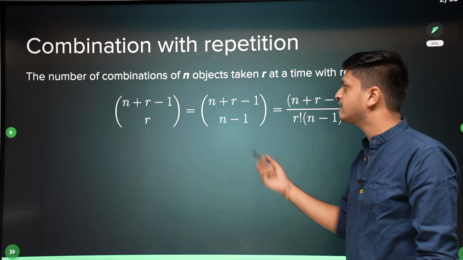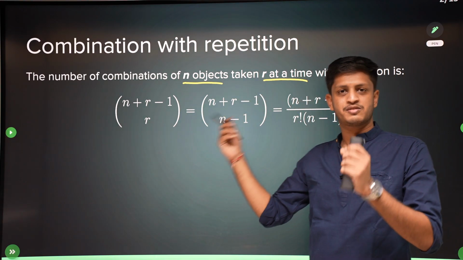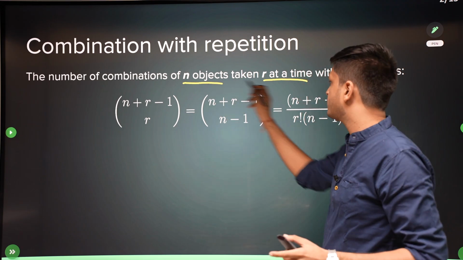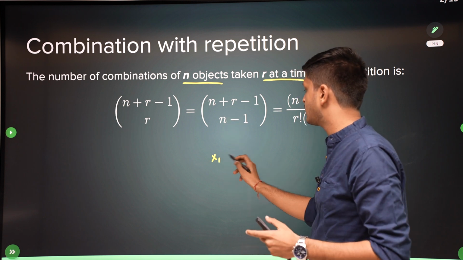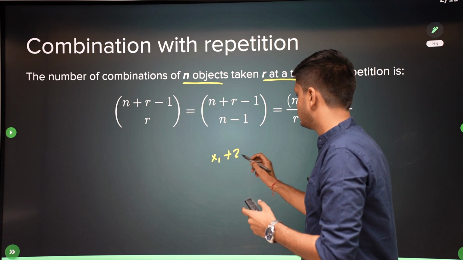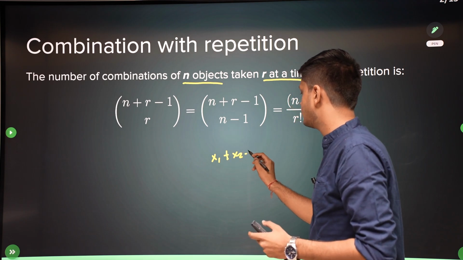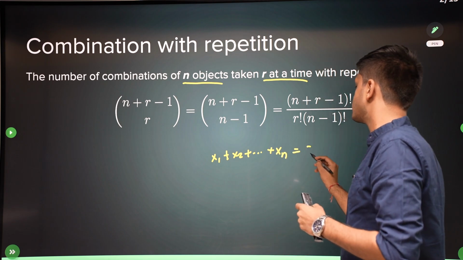We have already seen the number of combinations of n objects taken r at a time. This problem will be difficult, so always map it to an equation. You have n objects taken r at a time, so you take x1 of the first object, x2 of the second object, and so on up to xn of the nth object, and the total number of objects you have to take is r.